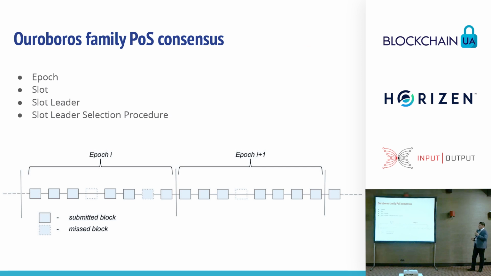Okay, if we are speaking about Ouroboros family proof of stake consensus, we have an epoch. We have some epoch that unites some sequence of blocks. We have a slot, some period of time to produce a block. We have slot leaders, participants, stakeholders who are entitled to produce a block within a given period of time.